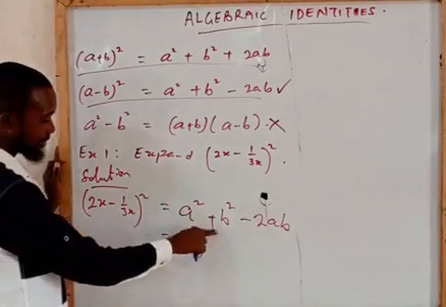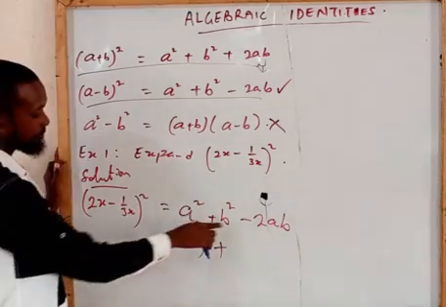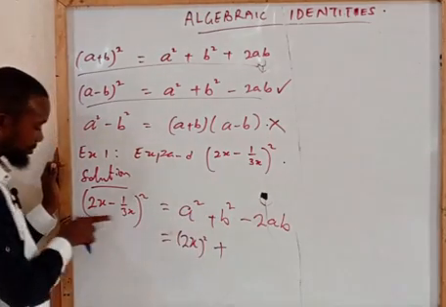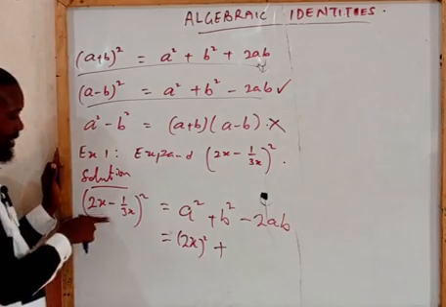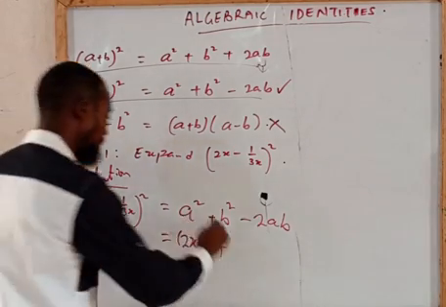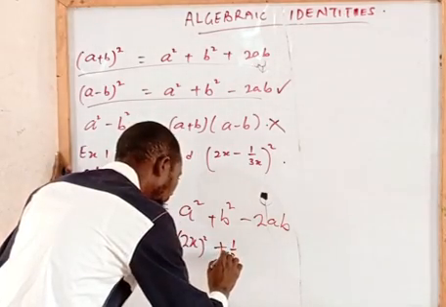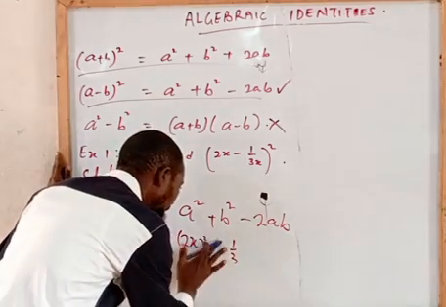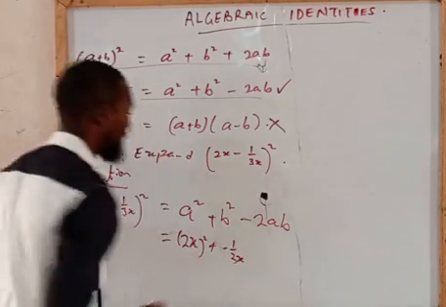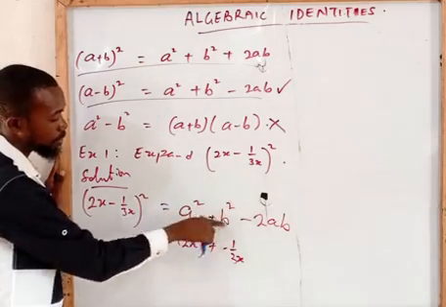Immediately after this, what I have is plus, so I will put my plus there. Now, b squared necessarily means that I should first identify the second item in the given expression, and we can see the second item is minus 1 over 3x. So I have to write that first. Let me have my plus there. So what I have here is minus 1 over 3x, and the instruction is that this should also be squared.